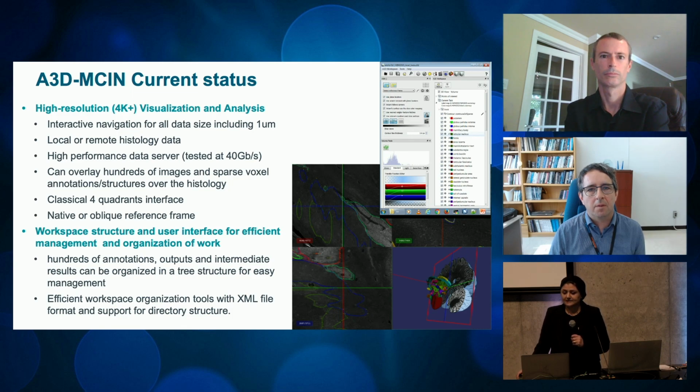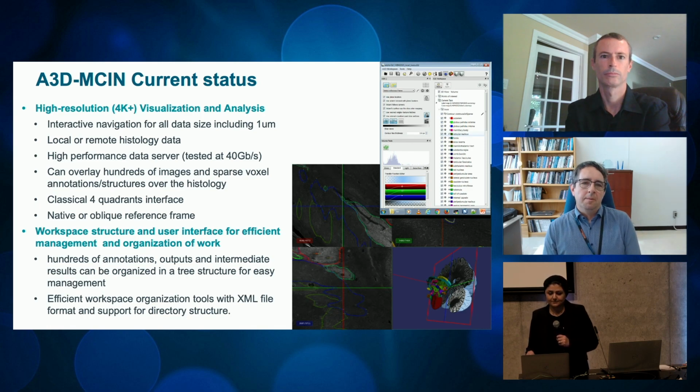It provides a classical 4-quadrant interface, and one of the important abilities of this software is to provide native or oblique reference frames. The workspace structure in this software makes it possible for users to interface efficiently and manage the data and organize the work very well.